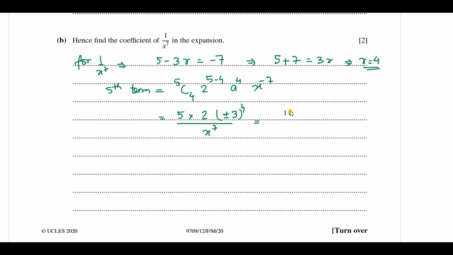So it becomes 10 into 3 raised to the power 4, which is 3 into 3 is 9, 3 is 27, 3 is 81. It is 81 over x to the power 7, and this will give you the coefficient of 1 over x to the power 7 as 810.